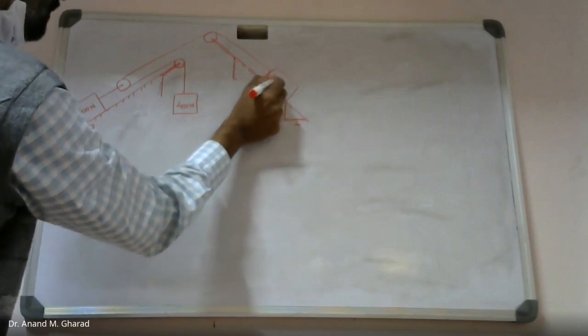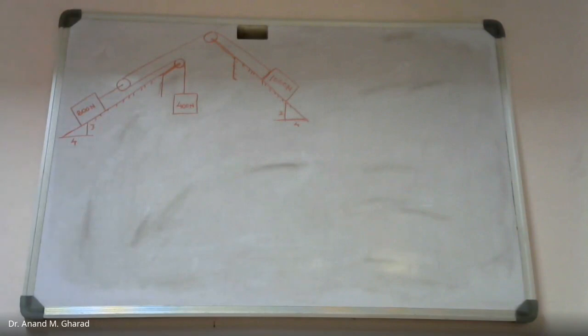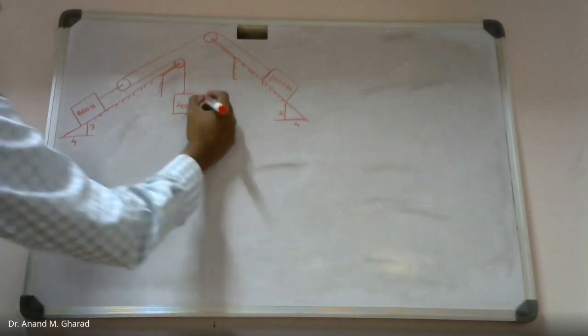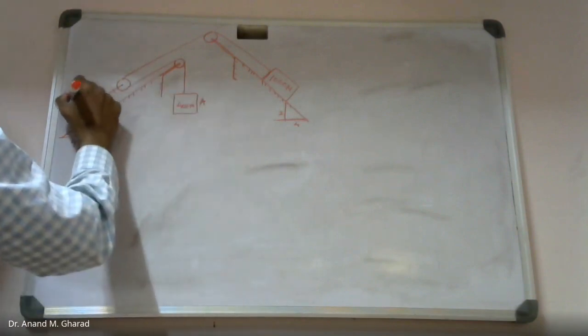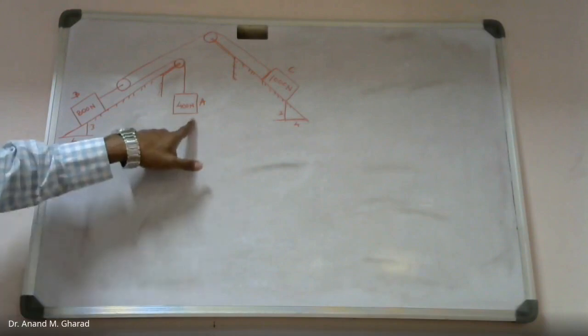Okay. This is 1000 Newton. So there are three blocks, you can say, and you can name them as block A, B, and C. You are supposed to identify the acceleration of each body and the tension in the cord supporting A.